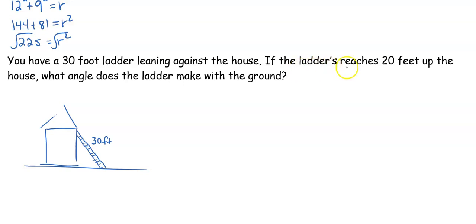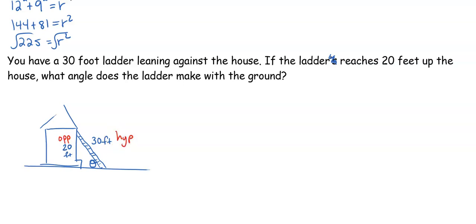If the ladder reaches 20 feet up the house, what angle does the ladder make with the ground? So we're looking for that angle down there. When this is my angle of reference, I see that 20 is opposite, 30 is hypotenuse.